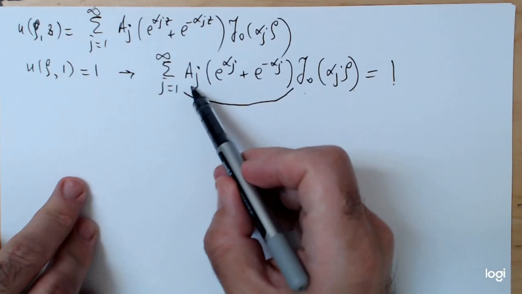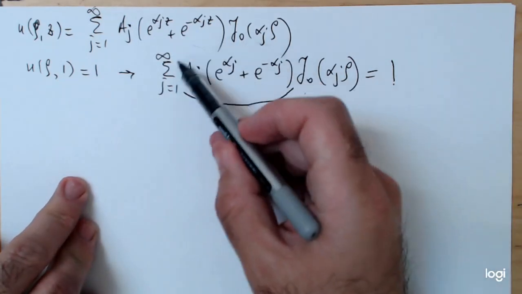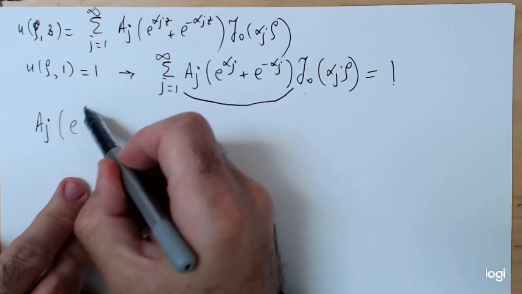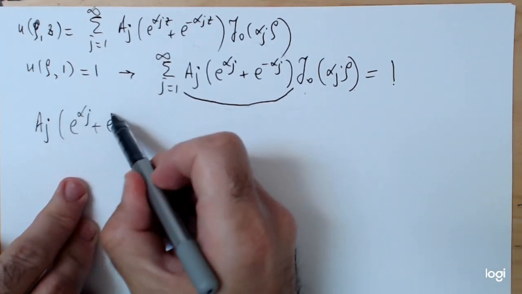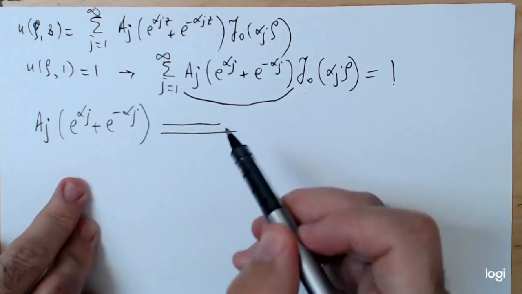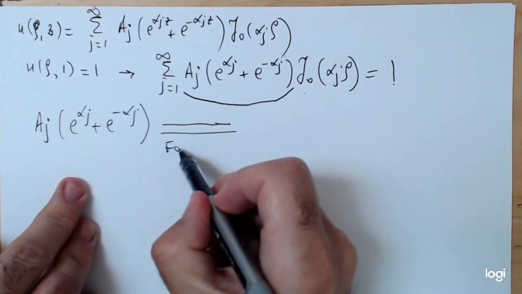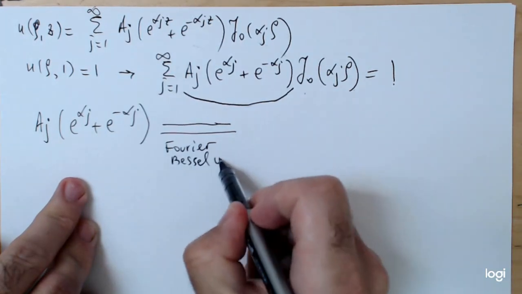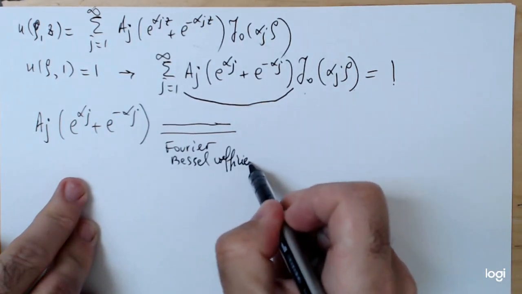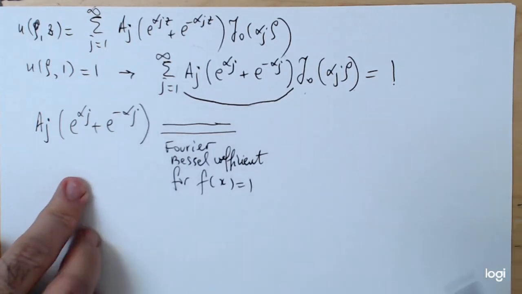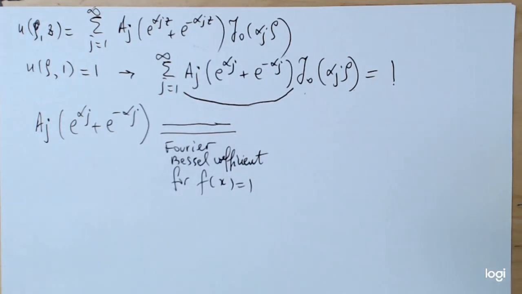So once again, this entire quantity will be the Fourier coefficient. So if you look at the formula sheet, this should be equal to the Fourier Bessel coefficient for the function 1. In the formula sheet, you have f of x equals 1. Here, my x is replaced by rho. Not a big deal.